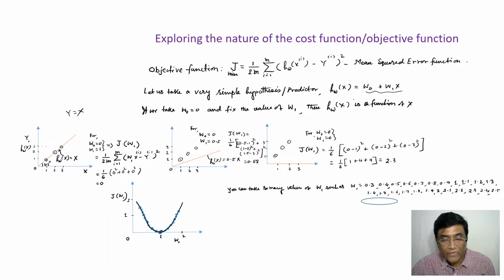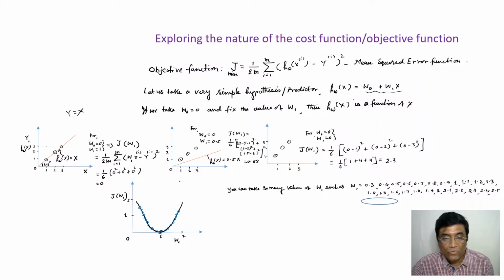Plus for sample 3, the predicted value is 1.5, minus ground truth 3, so this is the error. You sum all the squared errors, and you get a value 0.58.